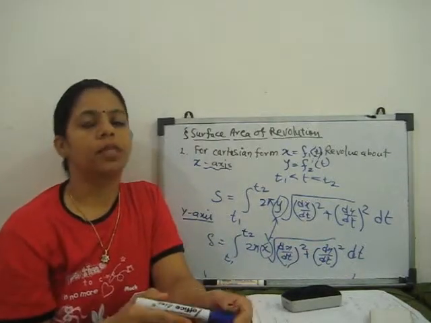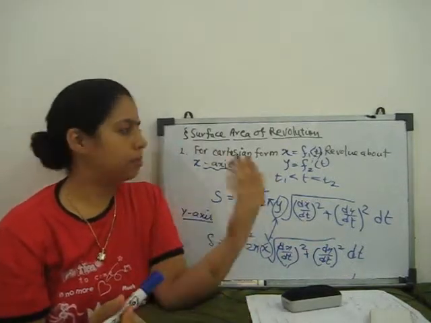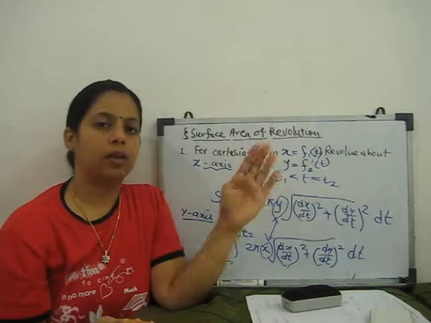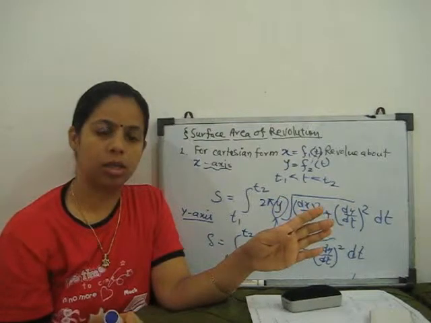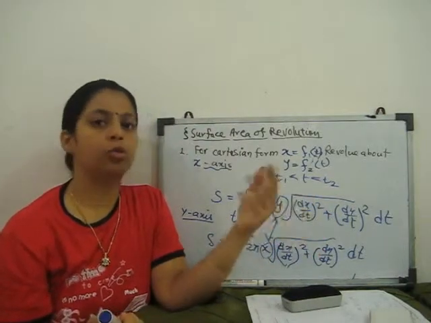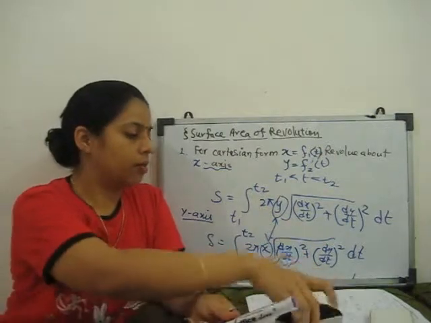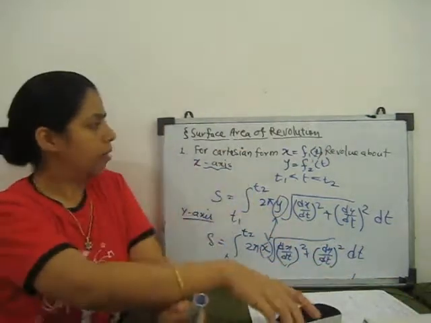Last one, if the curve is given in polar form. Sometimes the relation can easily be converted into Cartesian coordinates in x and y, and then we can use those formulas also. Now the last one is the surface area of revolution for a polar curve.